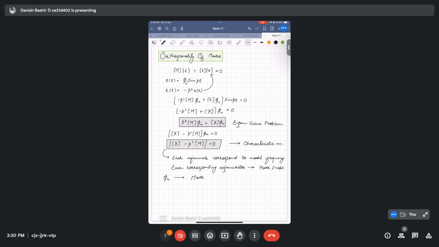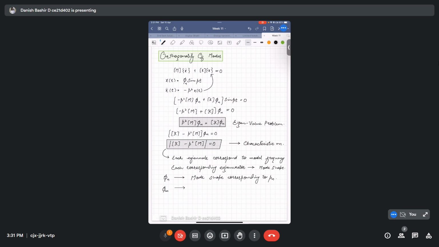Mode shape corresponding to p of n, natural frequency of p of n, and another mode p of n we will consider.